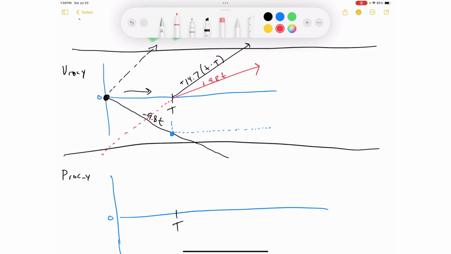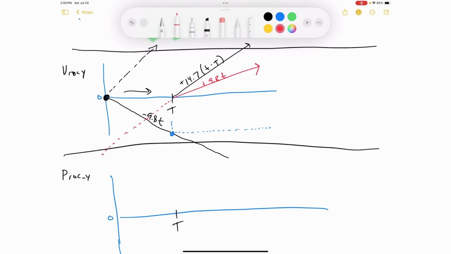And so what'll happen is at time capital T and beyond, the negative 9.8 and the positive 9.8, those guys will interact. They're opposites, so they'll just cancel each other out, right? They'll cancel each other out, and so the net acceleration is just 0, right?